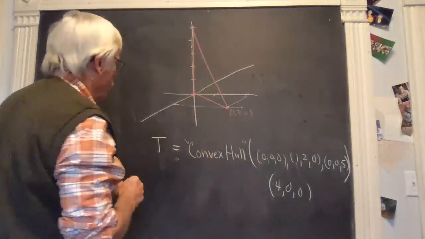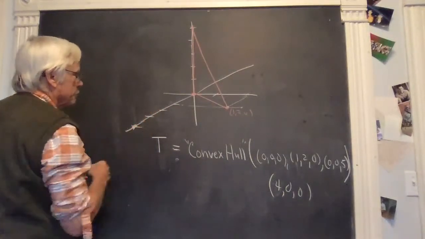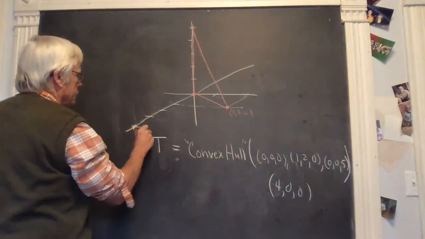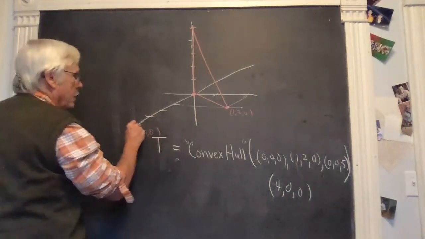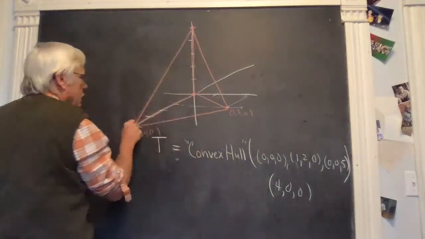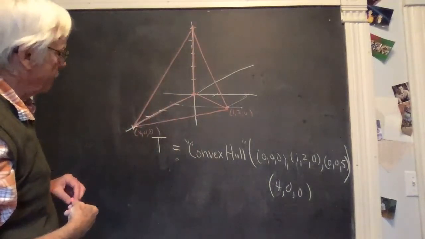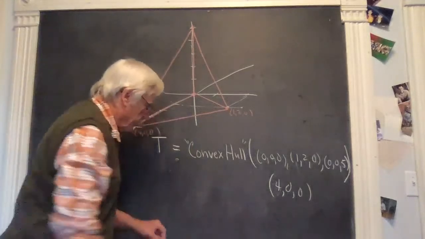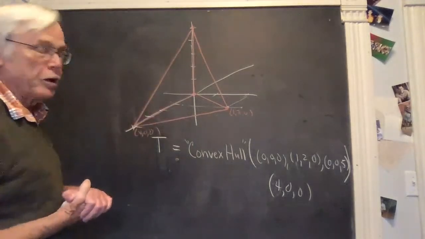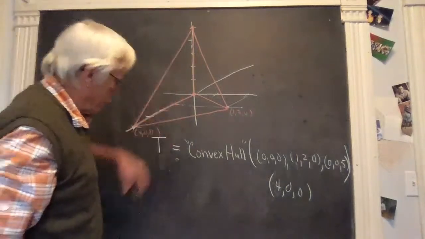And the other one is 4, 0, 0. And so there is our tetrahedron. And we want to integrate over this tetrahedron. What I've drawn here is the convex hull.